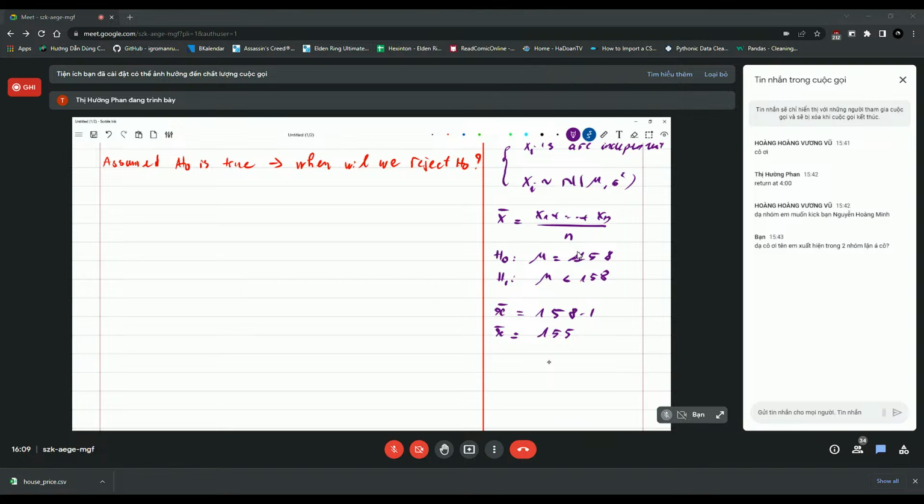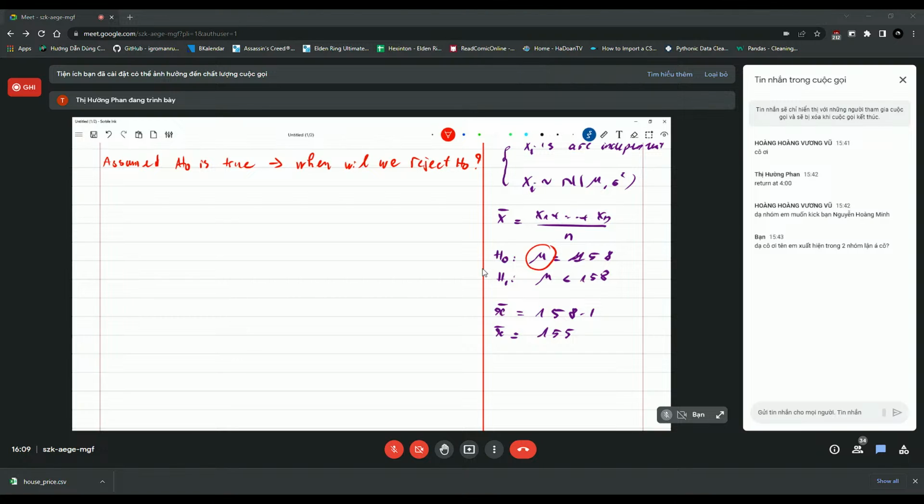So intuitively, H bar is the sample average, representing the estimate for the true population average. But remember that the sample mean will differ from sample to sample. 158.1 is close to 158.